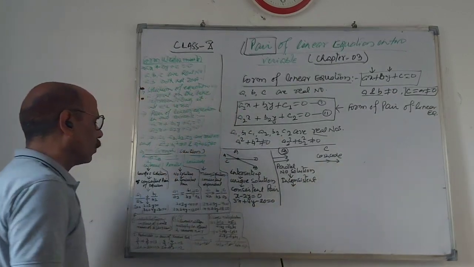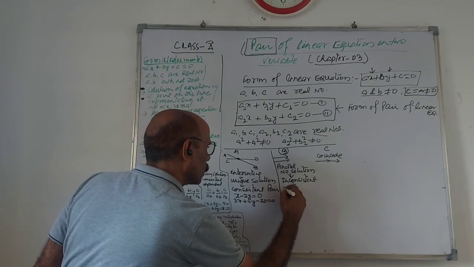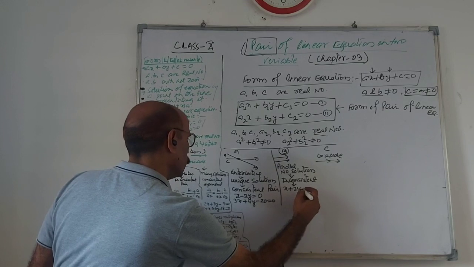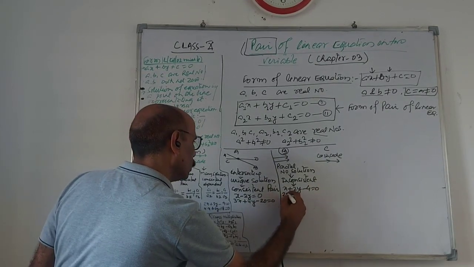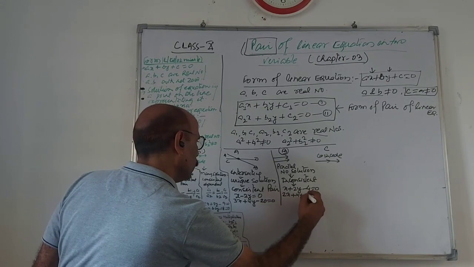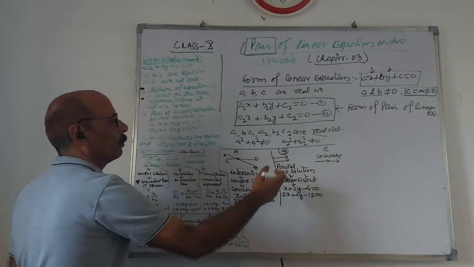Okay? For example, x plus 2y minus 4 is equal to 0, 2x plus 4y minus 12 is equal to 0. These are examples.